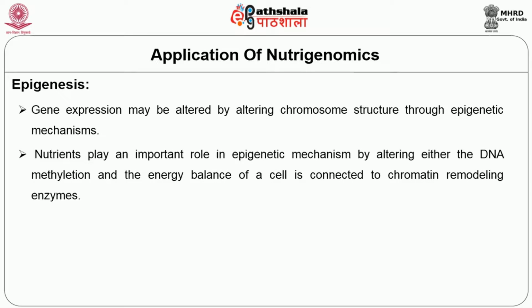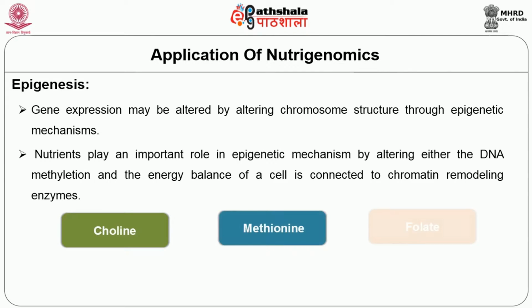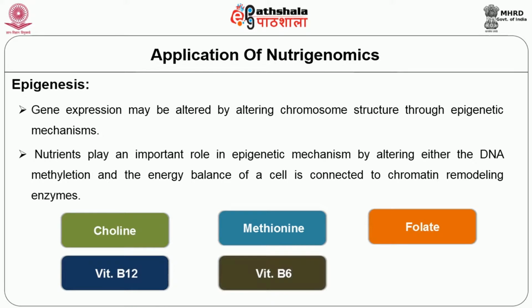Nutrients play an important role in epigenetic mechanisms by altering either the DNA methylation or the energy balance of a cell, which is connected to chromatin remodeling enzymes. Deficiencies in choline, methionine, folate, vitamin B12, vitamin B6 and riboflavin of course affect the epigenesis process.